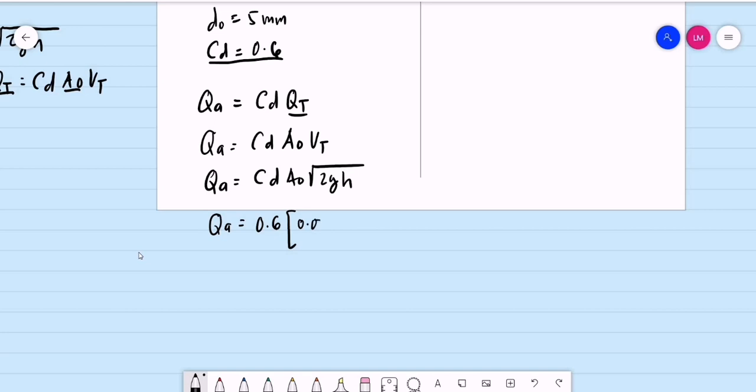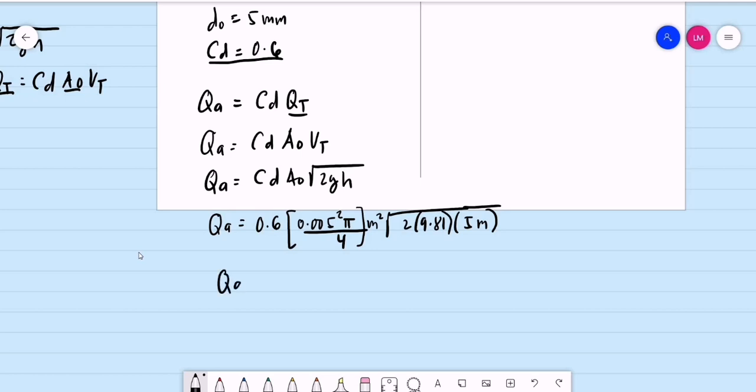That is the same as 0.005 squared times pi divided by 4, in terms of meters, so this will be in square meters. Then the square root of twice 9.81, then the head above the orifice is given as 5 meters.